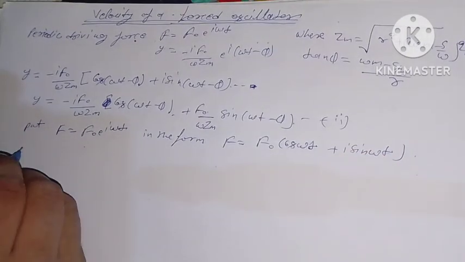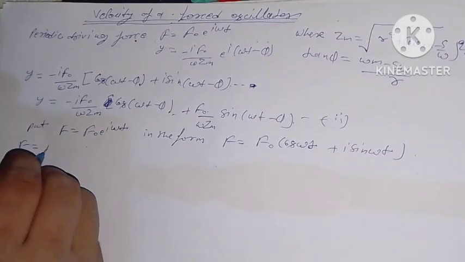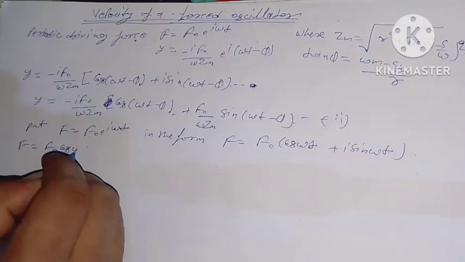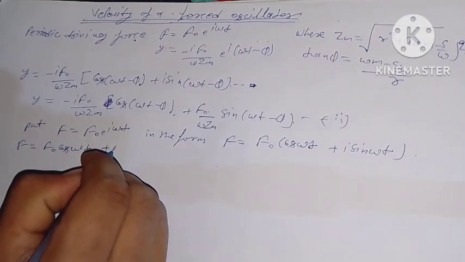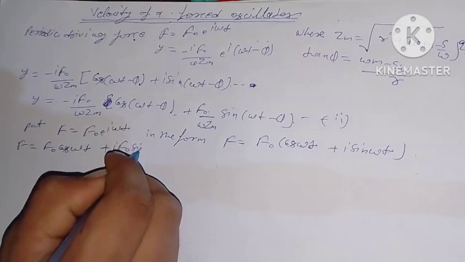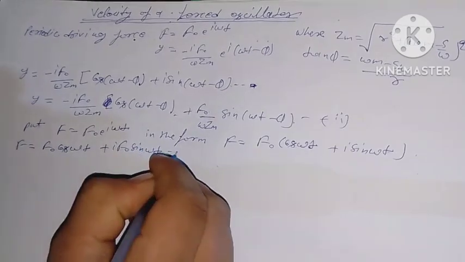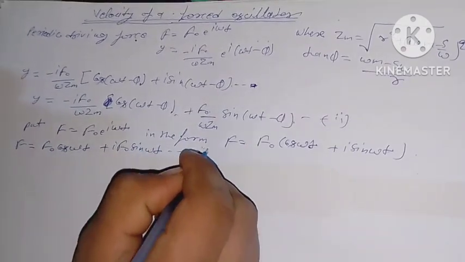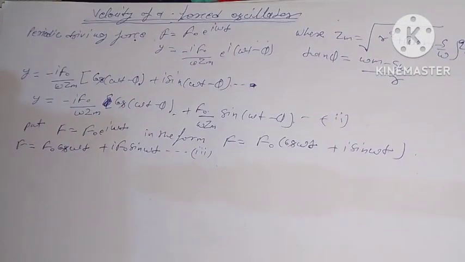Then F equal to F naught cos omega t plus i F naught sin omega t. This is equation number 3.